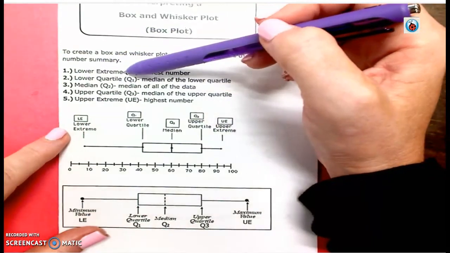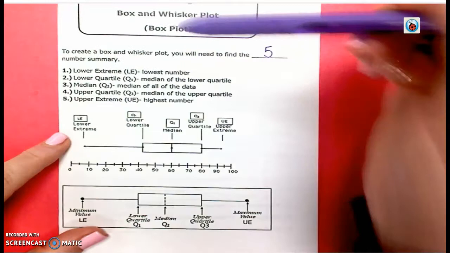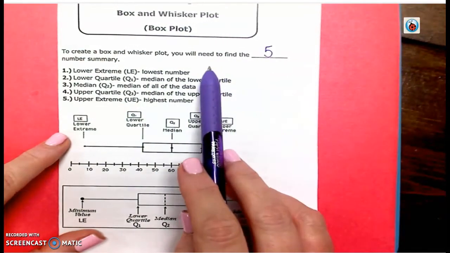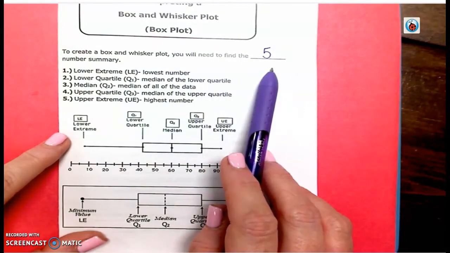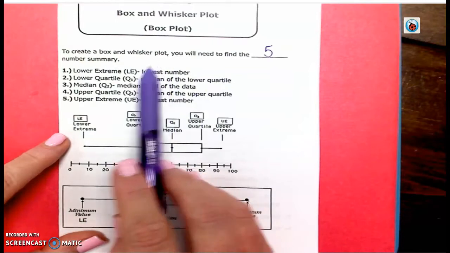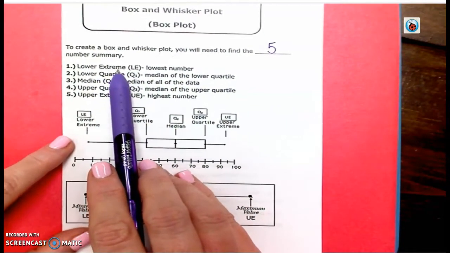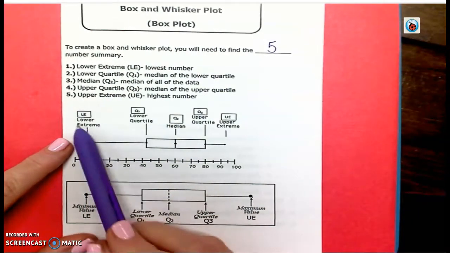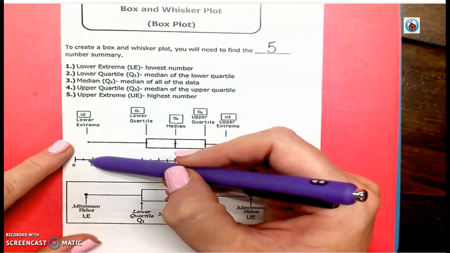Your lower extreme is going to be the lowest number in a set of data. Typically you'll have a set of numbers that you put in order from least to greatest, and your lowest number in the set would be your lower extreme. As you can see here, what's plotted here is your lower extreme.